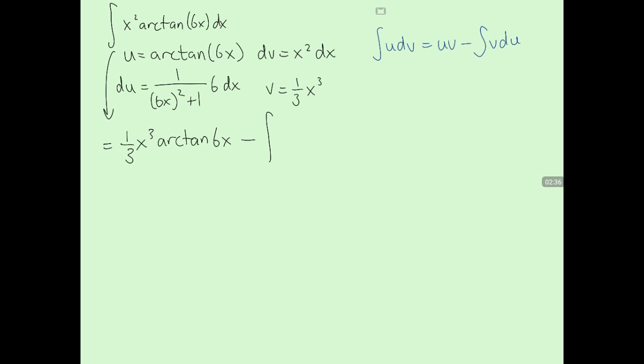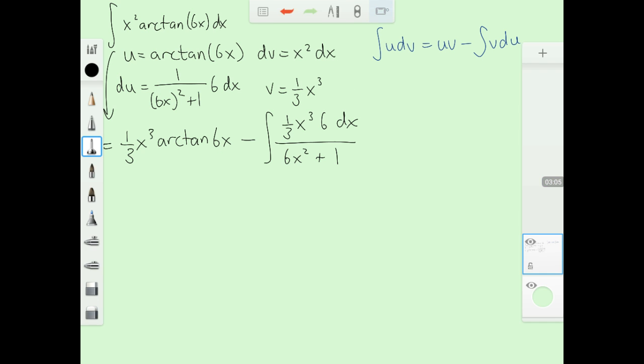So that's the integral of v, which is 1/3 x cubed, times du, which is 6 dx over 6x squared plus 1. Right now, we need to find this integral, which seems a little bit simpler than the integral up there. So we're going to have to simplify this and solve it.